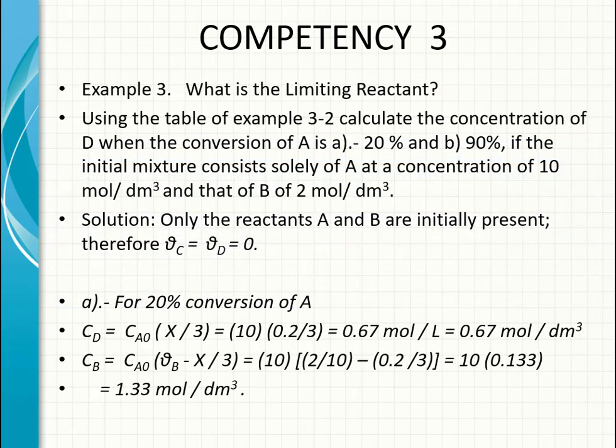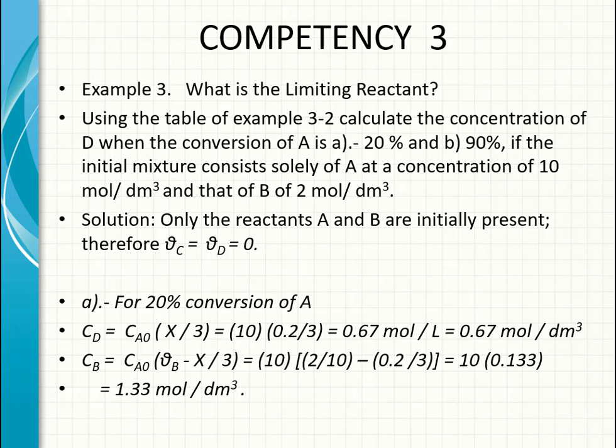Okay, now we are going to use the equation that we just obtained in example 3.2, but in this example 3, in which they ask us what is the limiting reactant? And then they say, using the table of example 3.2, calculate the concentration of D when the conversion of A is 20% and 90%.